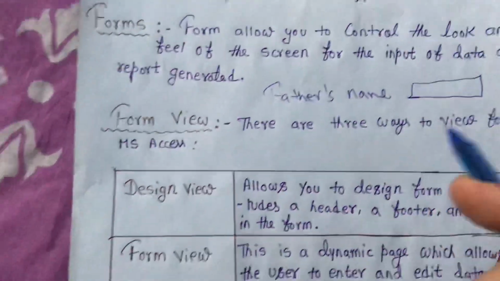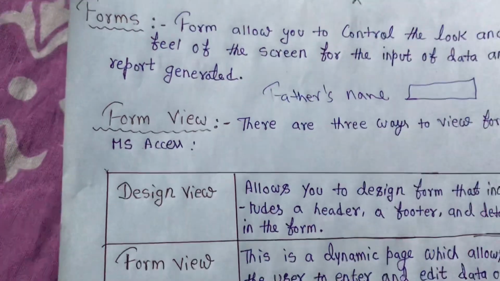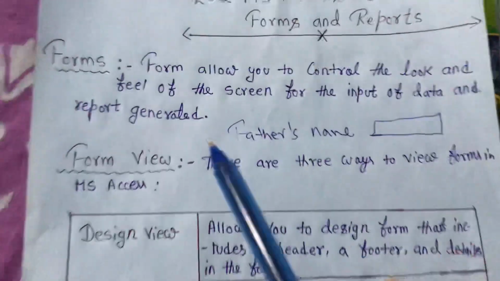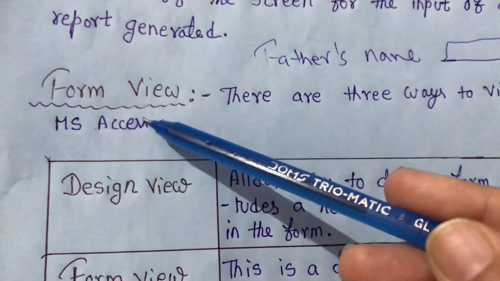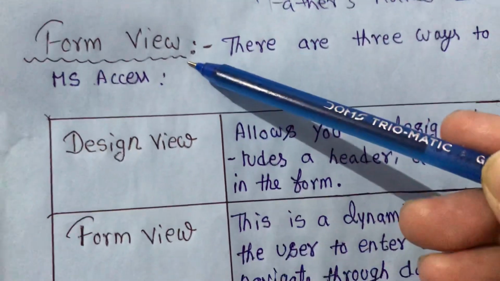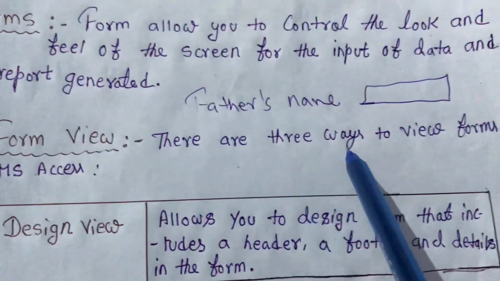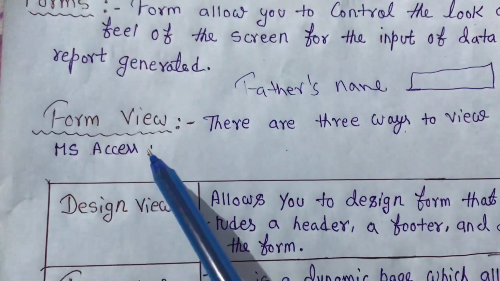Okay, now students, forms have some views in which we are able to see them. So come to the topic, let me explain what is form view. There are three ways to view forms in MS Access.